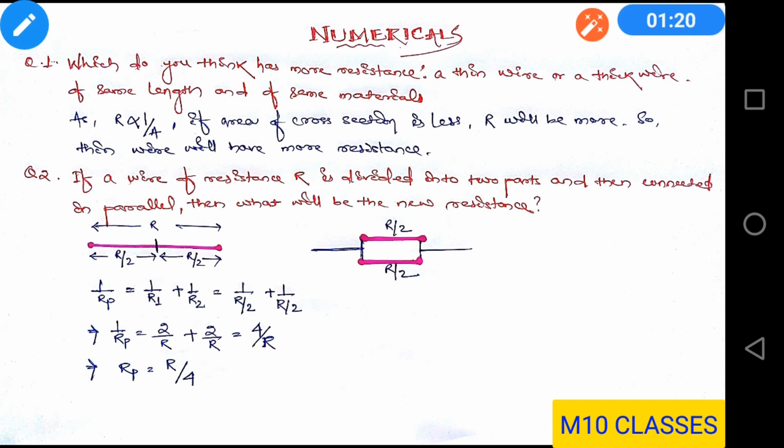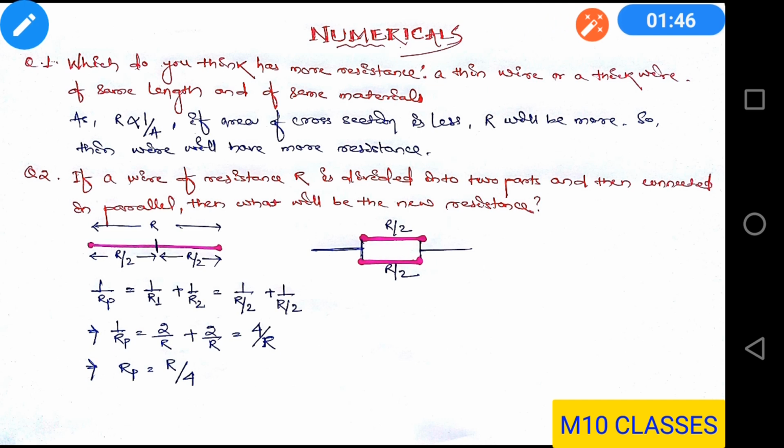Now let us see their relation with resistance. As you know, resistance is inversely proportional to the area of cross section. That means if the area is less, the resistance will be more. So in case of a thin wire, the area of cross section is less, and that is why the resistance will be more. So the thin wire will have more resistance.